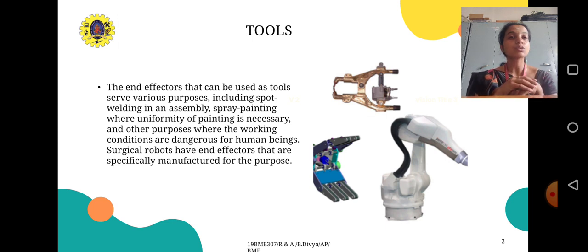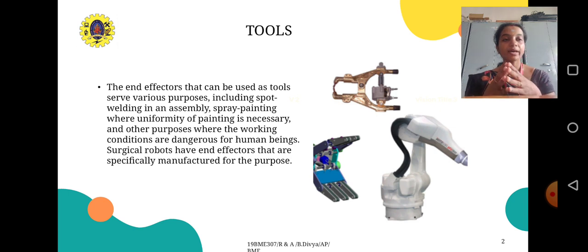These are the tools. Tools are the grippers. The end effectors that can be used as tools serve various purposes, including spot welding in an assembly, spraying paintings where uniform painting is necessary, and other purposes where the working conditions are dangerous for human beings.